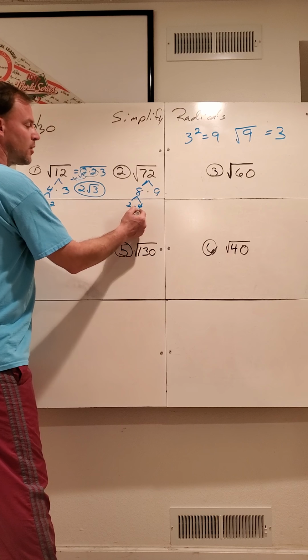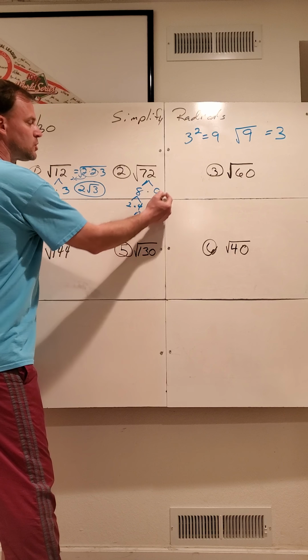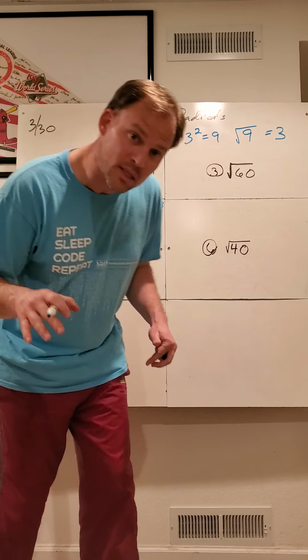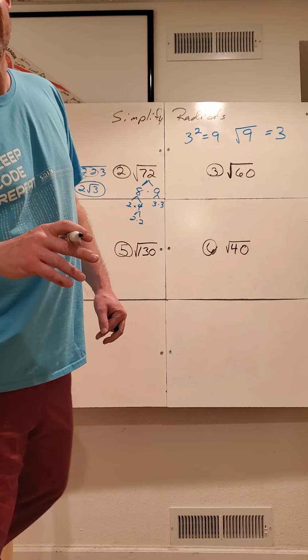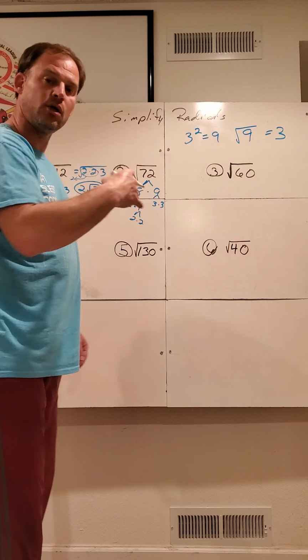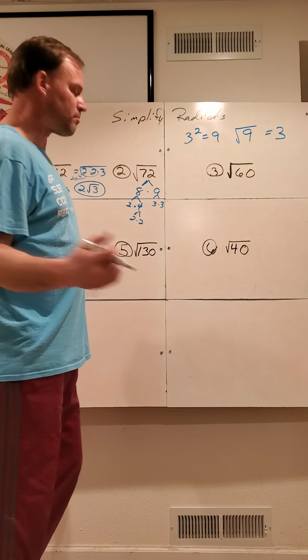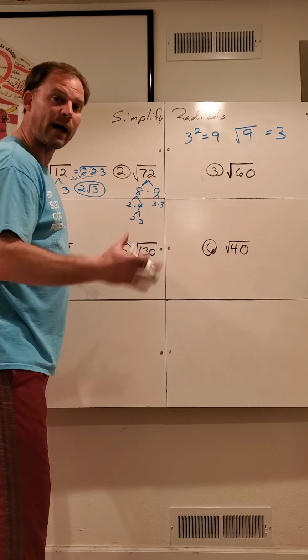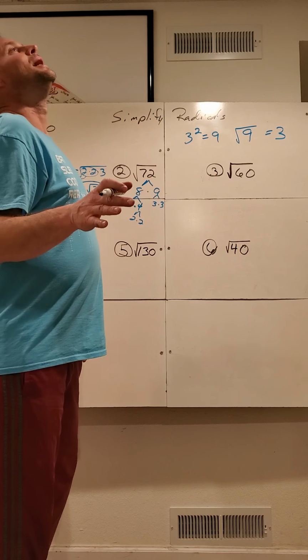Does 4 break down? Sure, 2 times 2. 9? Yeah, 3 times 3. We got all sorts of things breaking down into smaller pieces here. Break them down until you get to prime numbers. Prime, prime, prime, prime, prime. My work here is done.